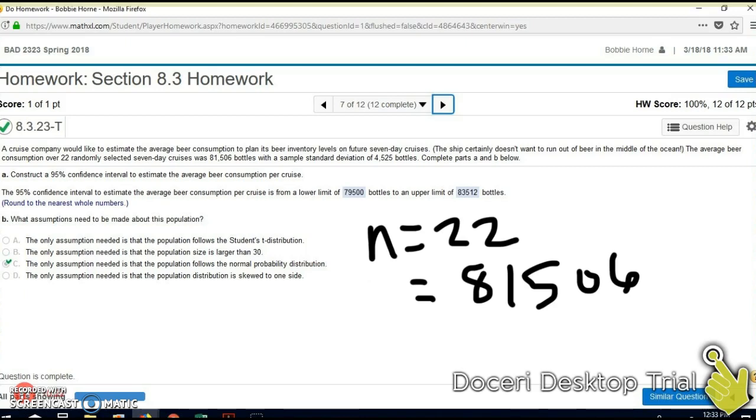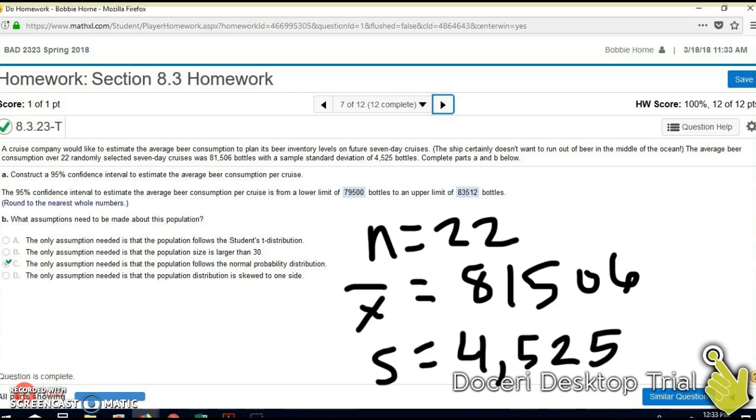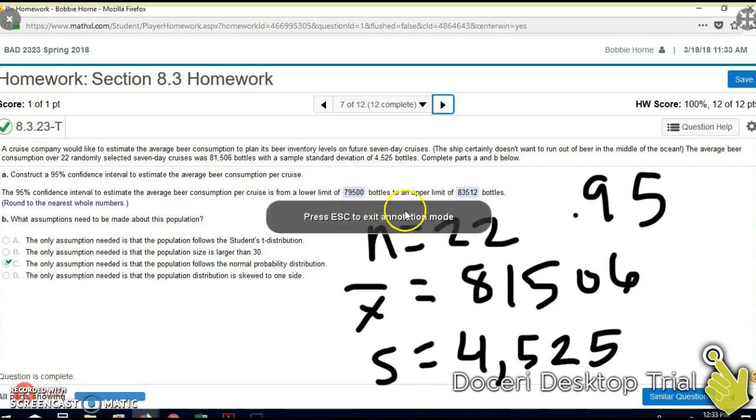And then the standard deviation would be 4,525 bottles. And then we would do for the confidence interval 0.95, and you put all that in and get your upper and lower limit. Make sure you round. The only assumption we need is the population follows the normal distribution.